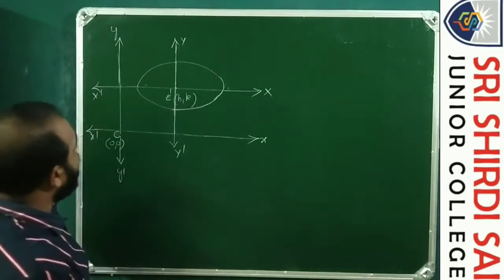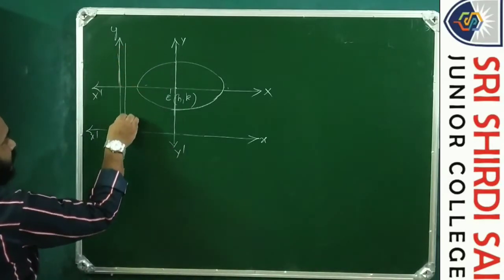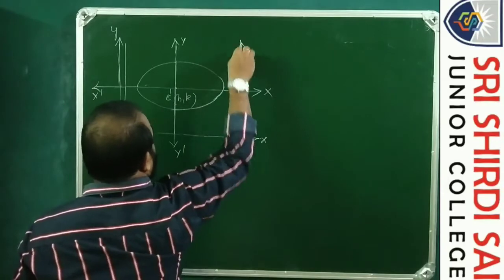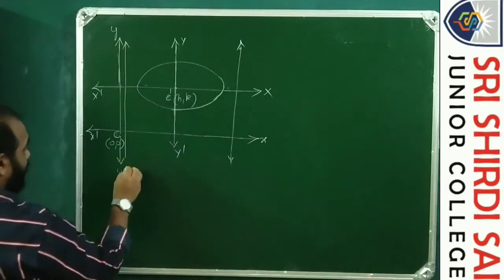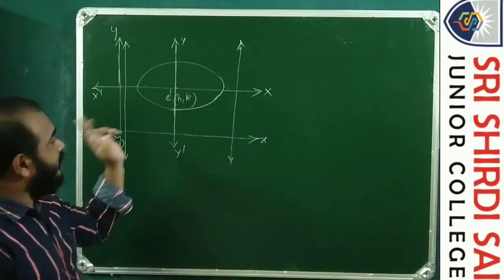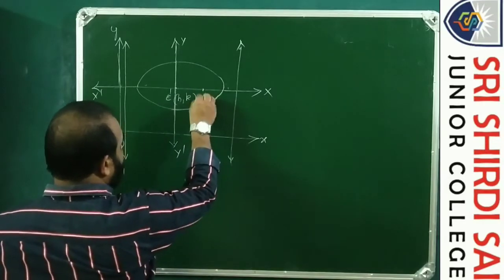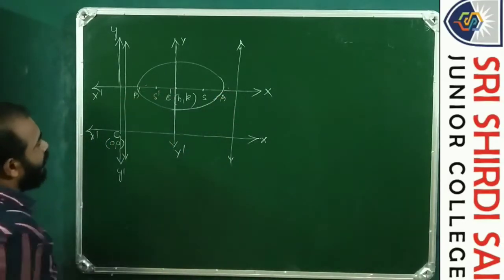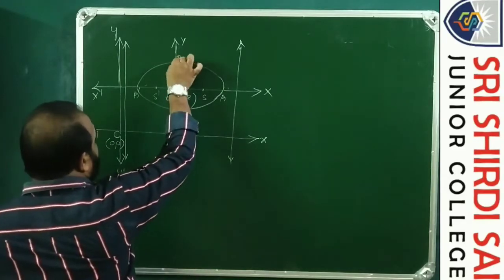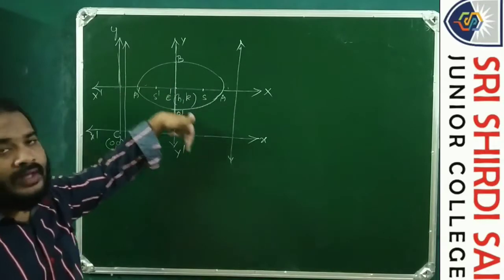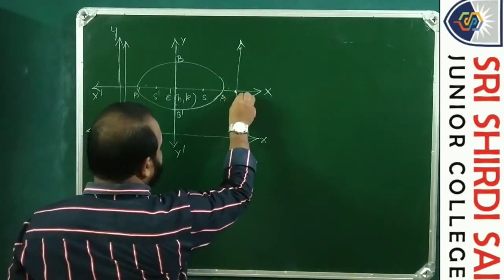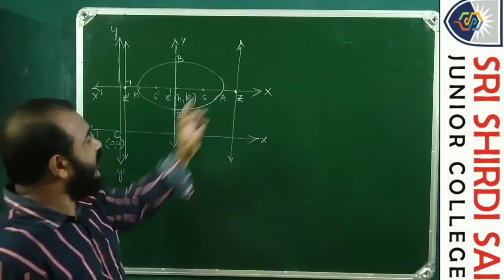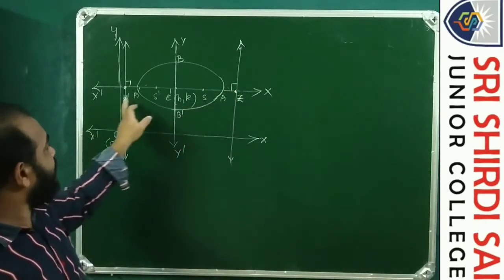Now this is the new ellipse, and these two lines being the directrices, and this is S dash, foci, A dash, vertices of the ellipse, B dash, the ends of the minor axis, Z dash, or the foot of the directrices of S and S dash.